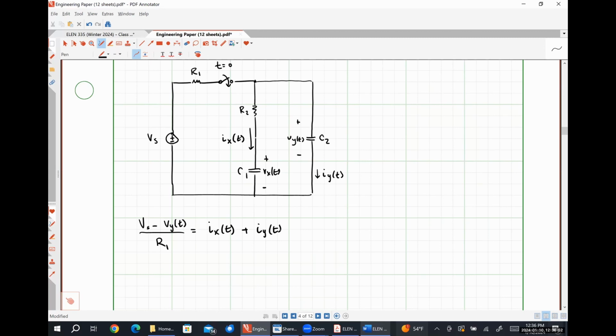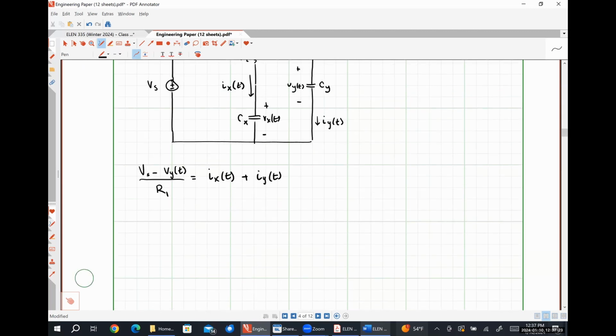And now I'm going to express Ix in terms of the capacitor C1 and the voltage Vx, and the capacitor C2 and the voltage Vy. And I'm thinking about changing the names of the capacitors to Cx and Cy so that I don't confuse myself. So I'm probably going to do that real quick here, just so that all subscript Y are associated with the same thing, all subscript X are associated with the same thing.